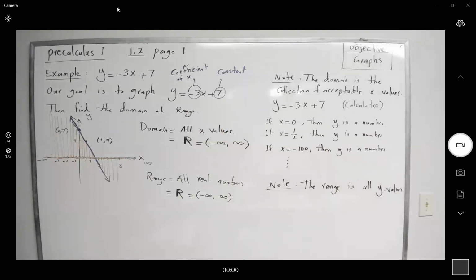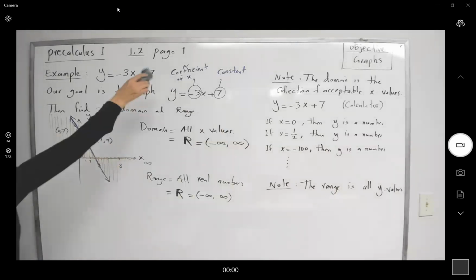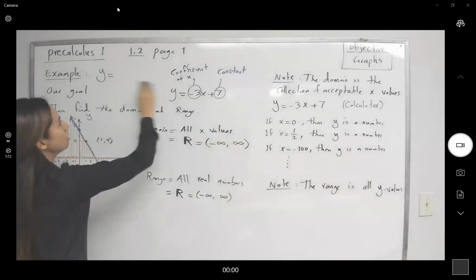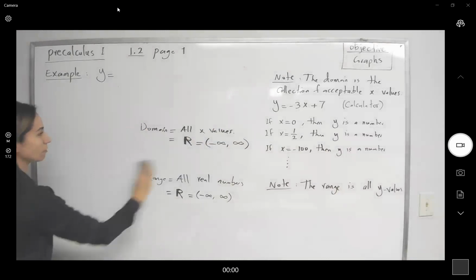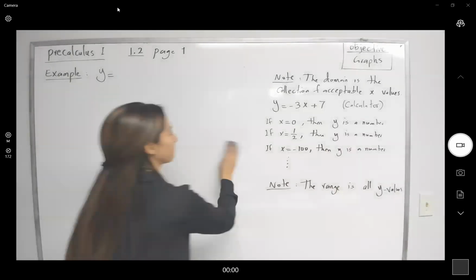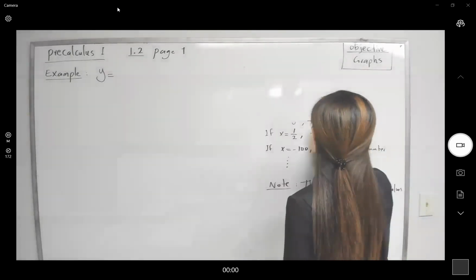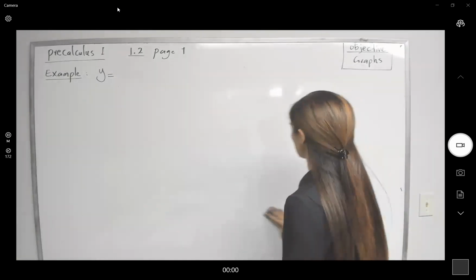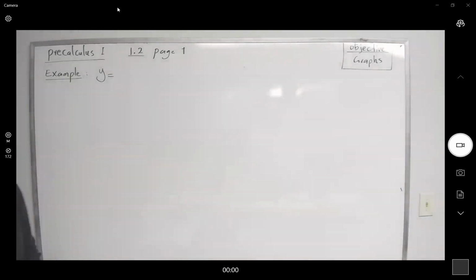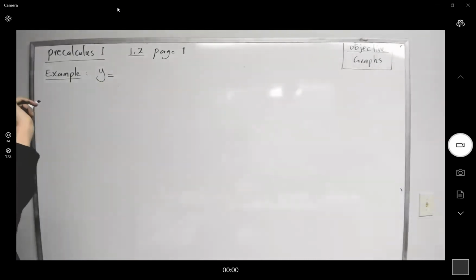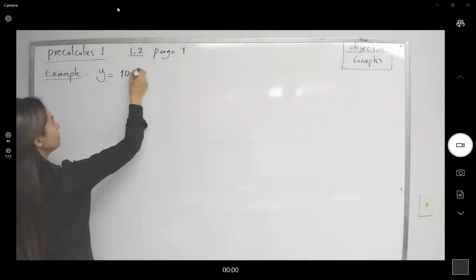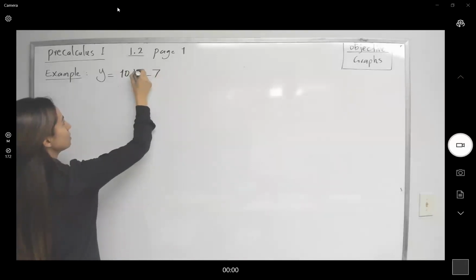Okay, this is good as well. So y equals 10x minus 7. We're still on page 1. So your y is equal to 10x minus 7. Very well.